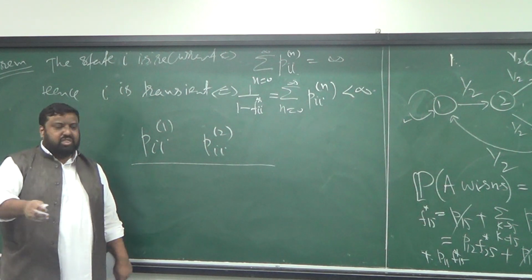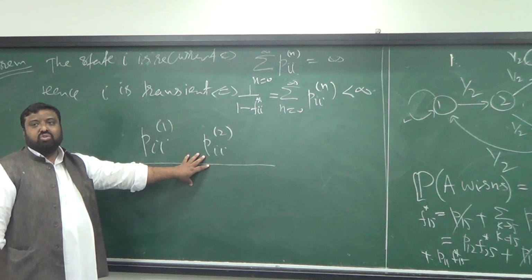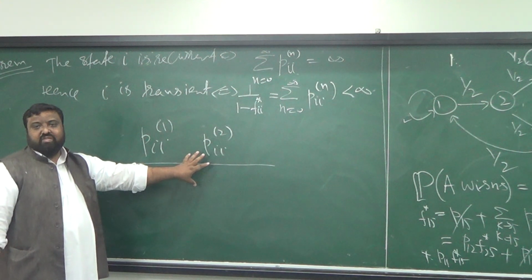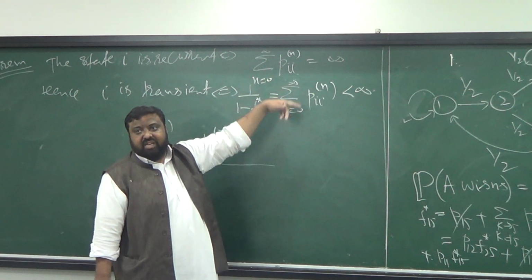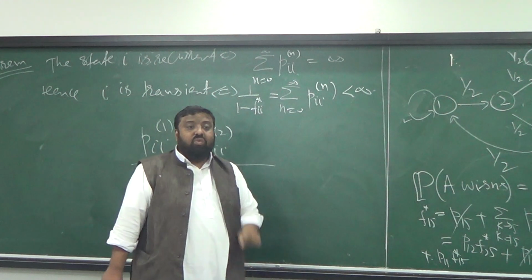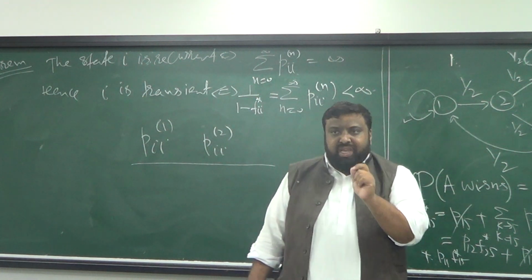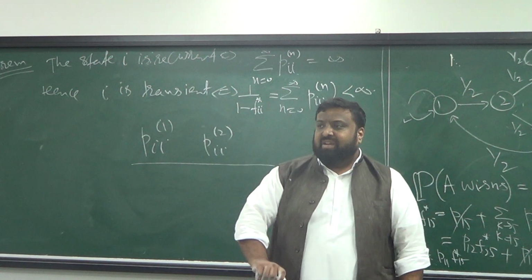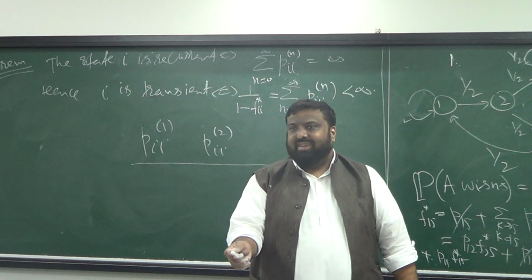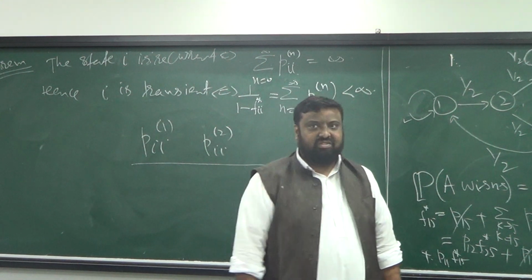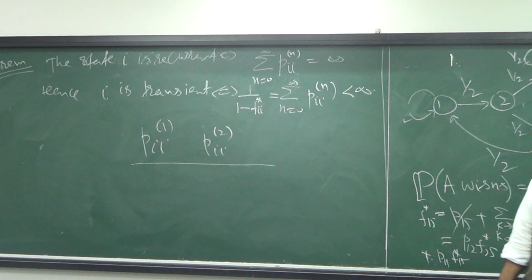But the tail of this sequence is going to have the behavior that P_ii gets bigger and bigger. And what does that mean? It means you have more and more probability that you are going to return to the state i actually. So it makes sense.